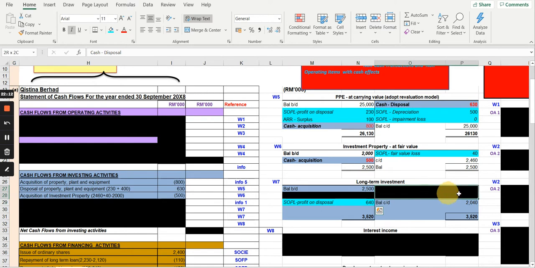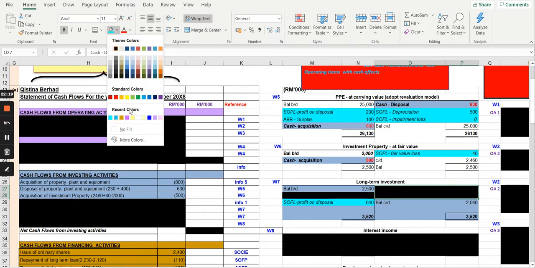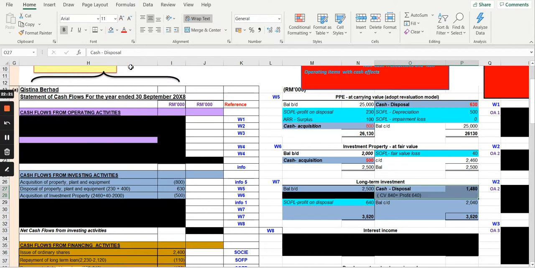For the cash flow from investing activities that involve long-term investment, it would be this much, which is 1480. And that 1480 is because you take the carrying value and you add with your profit, and therefore this is going to be your proceed from the disposal.